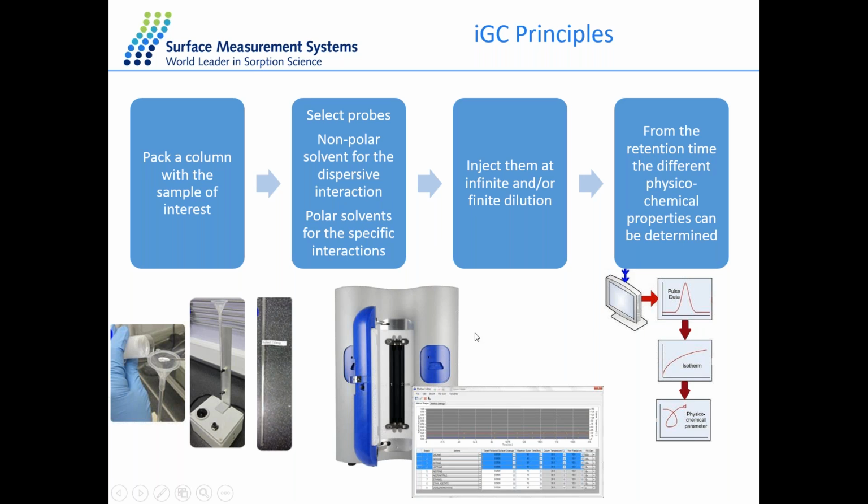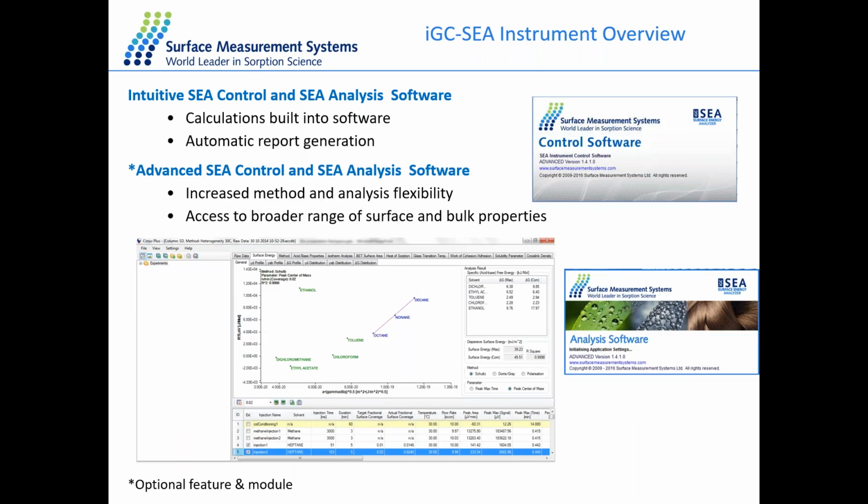So we can choose which probes we wish to inject through our sample, and the concentrations we wish to inject them at. So this is our infinite dilution or finite dilution as well. Then we start our experiment, and based on the interaction between our probe molecule and our sample, we obtain different retention times, which we can then go ahead and analyze.